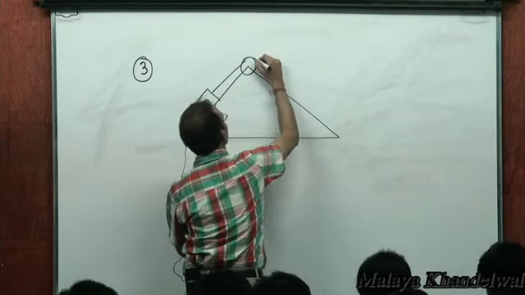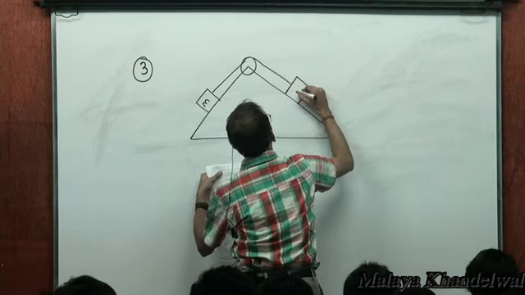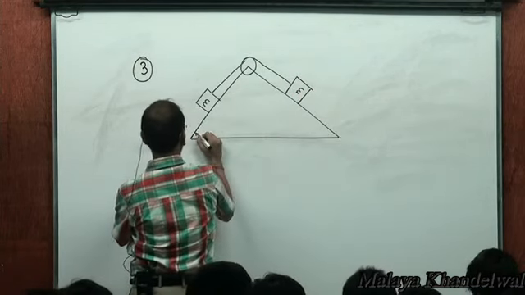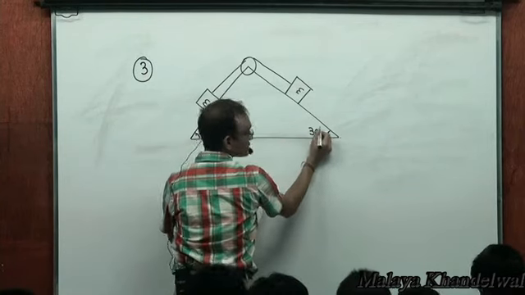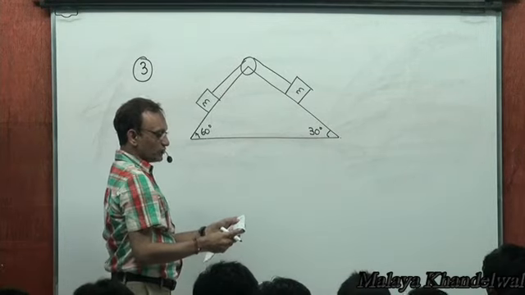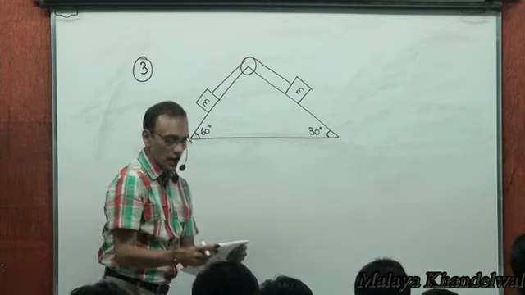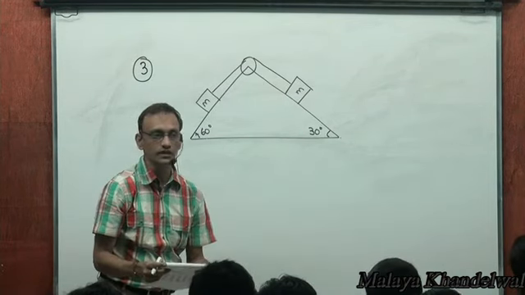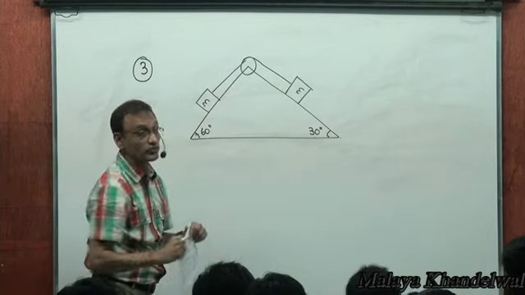Mass M, 60 degrees, this is 30 degrees. The magnitude of the acceleration of the center of mass of both the blocks is how much? That's what we want to find here, right? The acceleration of the center of mass of the two blocks.